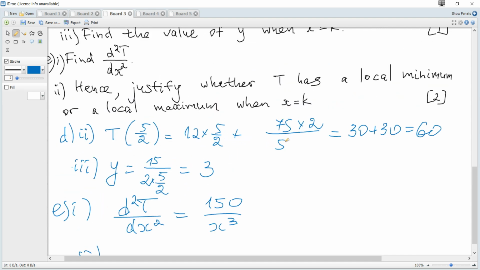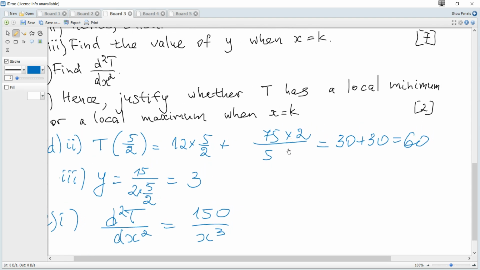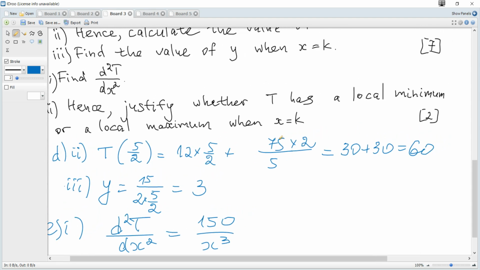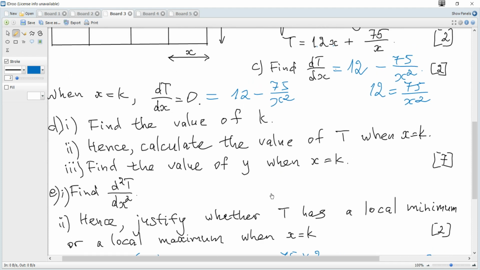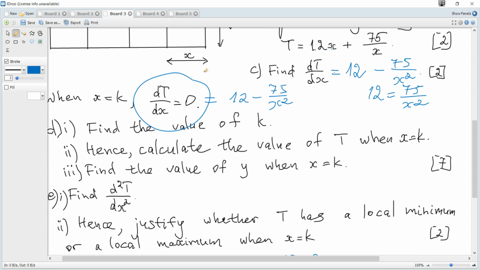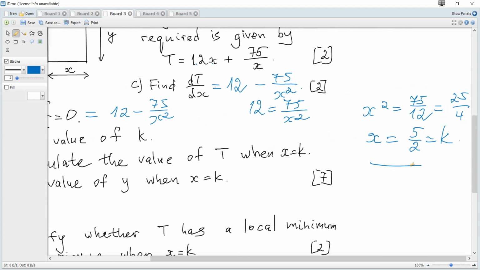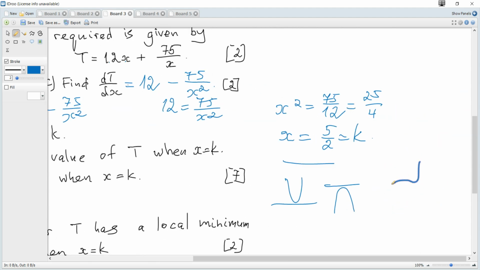And justify whether t has a local minimum or local maximum at x is k. To be a local minimum or local maximum, the necessary condition is that the derivative must be equal to 0, and it's at x equals 5 over 2. It's also called a stationary point. It's where there is a horizontal tangent, but it may be a local minimum or local maximum, or neither; it could be a point of inflection, something like this.